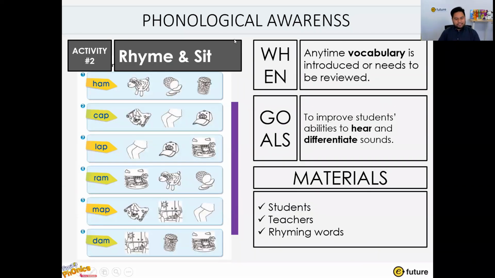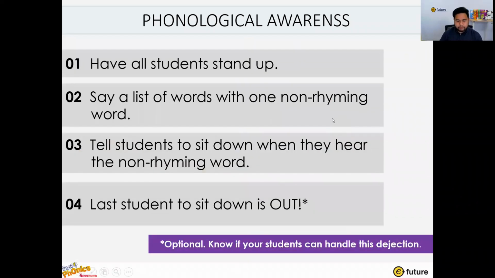Okay, and then some other ones, rhyme and sit. So again, sticking with the rhymes, this helps the students differentiate, practice a little bit of listening. So how you do this one: you have the students start by standing up, and then you give a list of words.